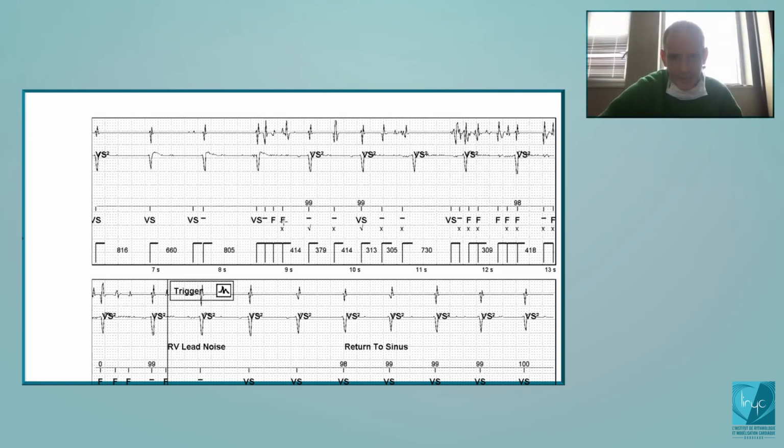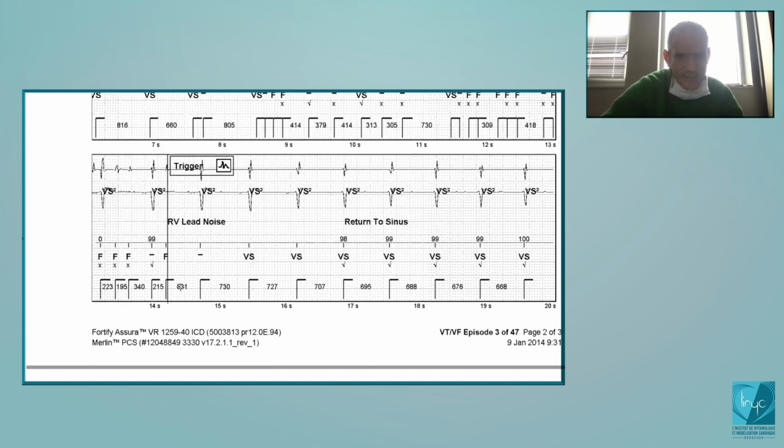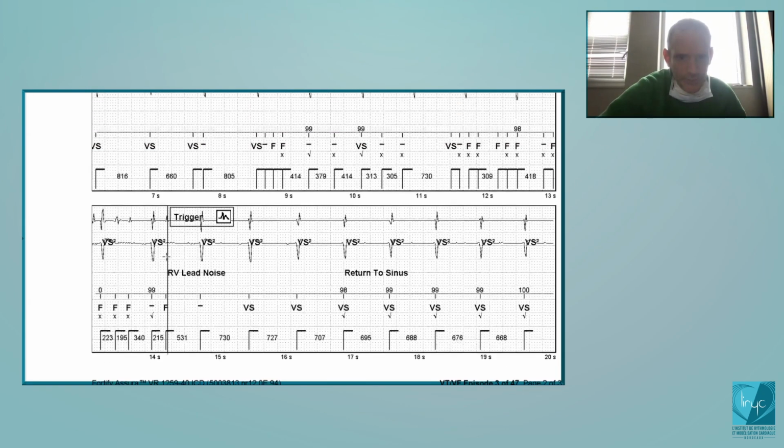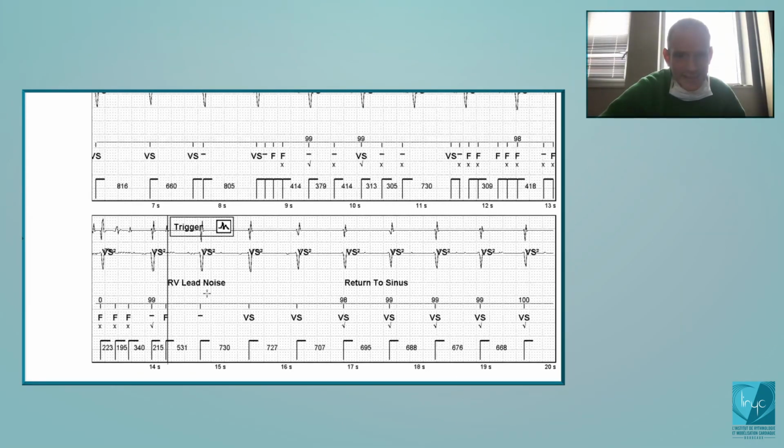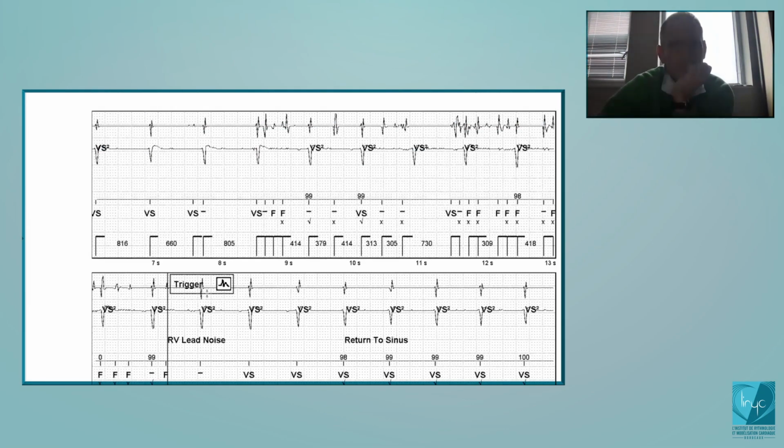It's going to be 1, 2, 2, 2, 2. You see, there is no return to sinus here since there are only 2 VS. Therefore, you will still implement the VF counter 3, 4, 5, 6, 7, 8, 9, 10, 11, 12. Okay, so now the VF counter is full, and then there is analysis of the noise counter.